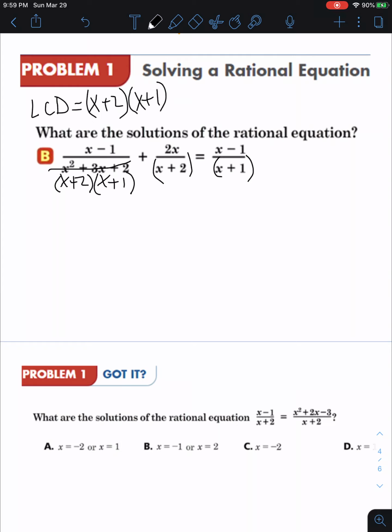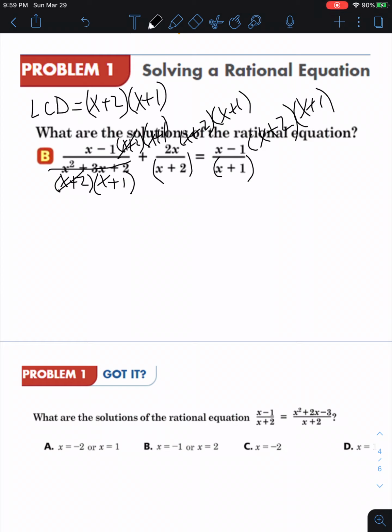There are no non-common. So we'll multiply by x plus 2, x plus 1, and x plus 2, x plus 1, and x plus 2, x plus 1, and cancel the like terms.